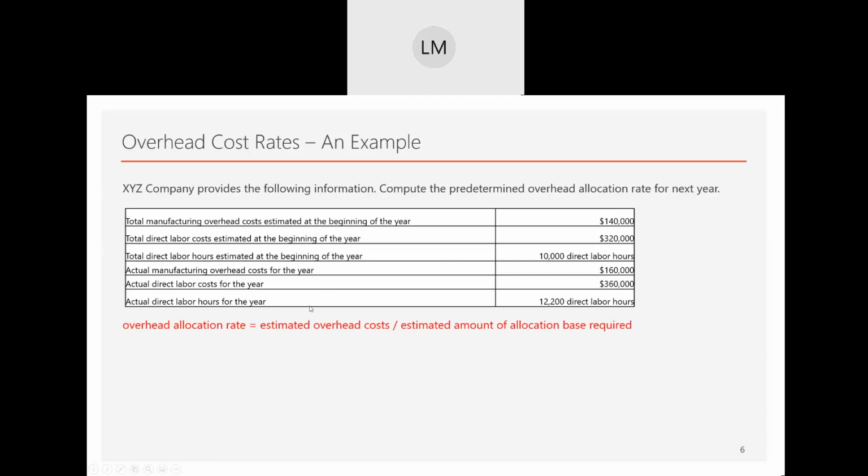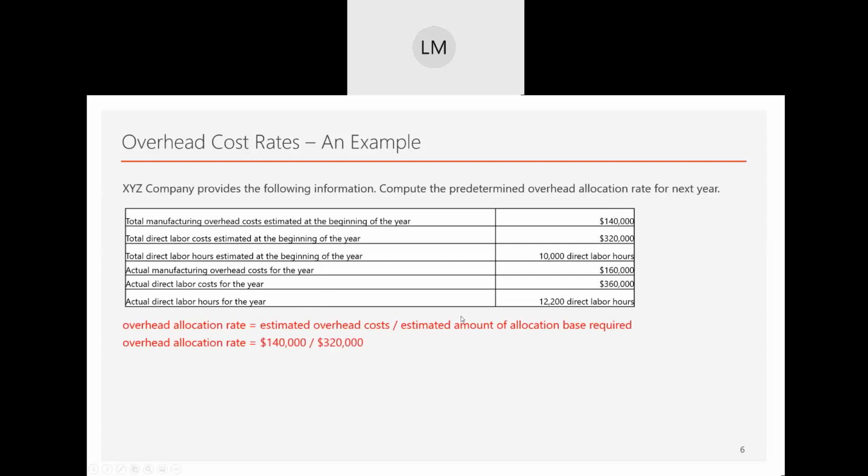So we're going to look here, and remember we talked about our overhead allocation rate is estimated overhead costs for the next year divided by the estimated amount of the allocation base required. So in this case, what are we looking at?